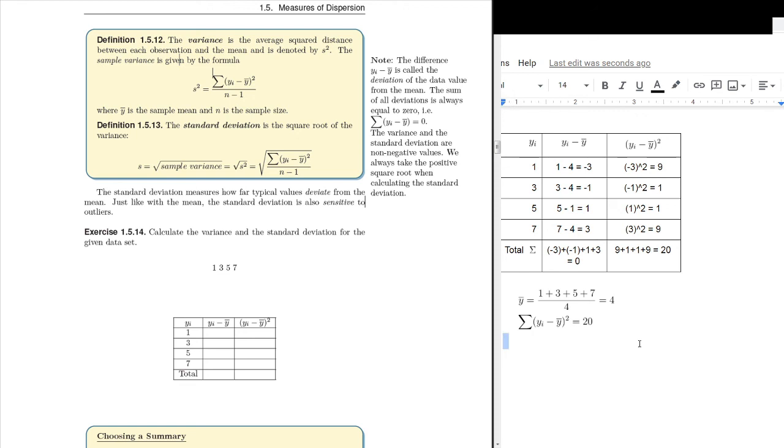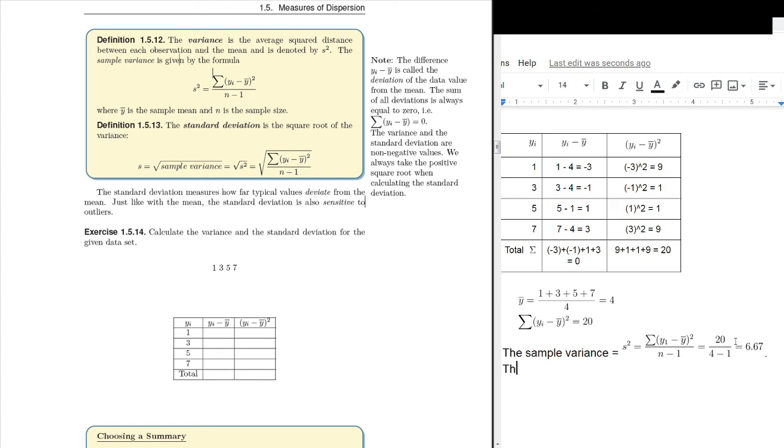And then to calculate the variance, we take this value and divide it by n minus 1. And so the sample variance is going to be the sum of the squared deviations divided by n minus 1. We have 4 observations in our data. So that gives us 20 over 4 minus 1, which is 6.67 rounded to 2 decimals. So that is our sample variance.